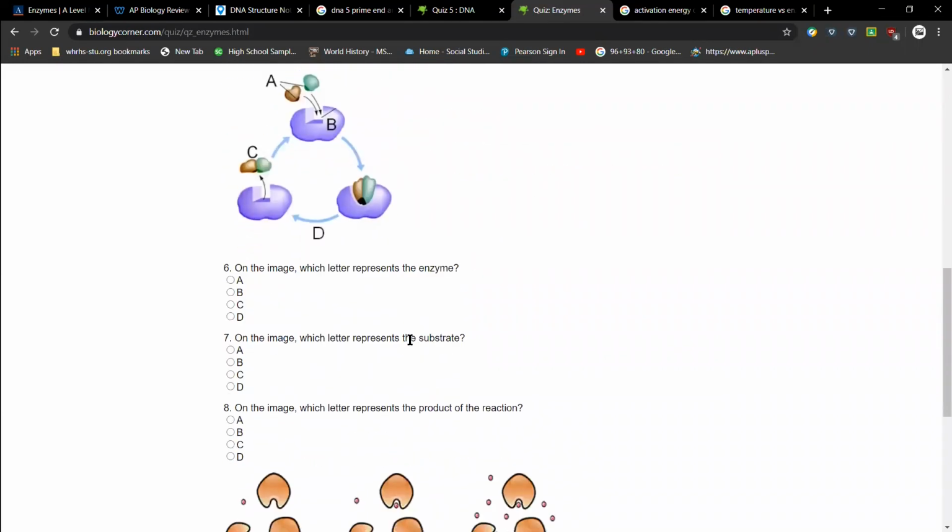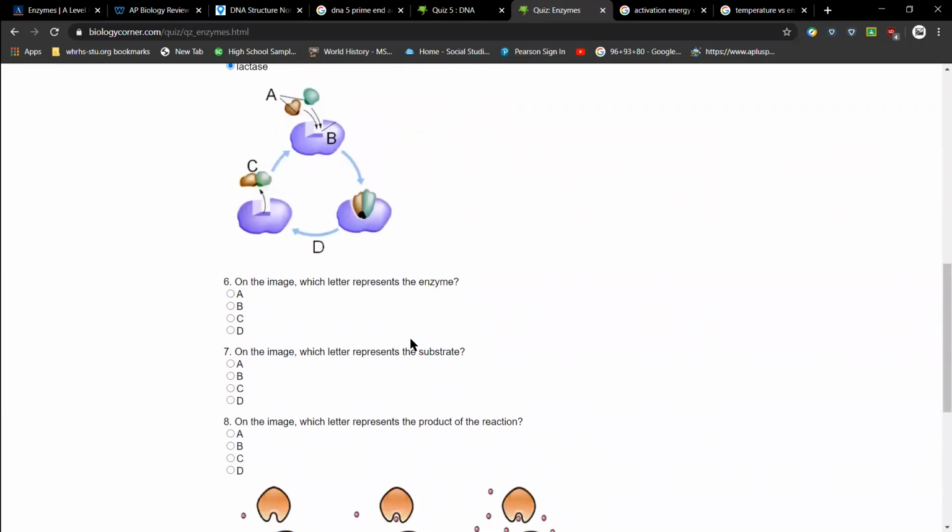So the answer was actually B. So for those of you who got it, that's good. The reason that it's B is because remember that you have the enzyme with the active site, and you can see that there's things going into that active site and things coming out. So that's how you would know it was the enzyme.